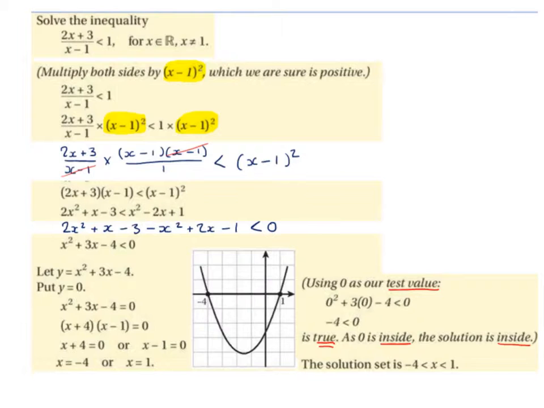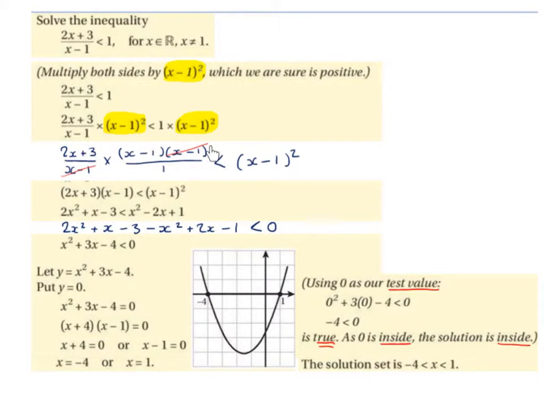So (2x + 3)/(x - 1) multiplied by (x - 1) squared gives us (2x + 3)/(x - 1) multiplied by (x - 1)(x - 1) over 1. And this is all less than 1 times (x - 1) squared, which is just (x - 1) squared, because 1 times anything is itself.